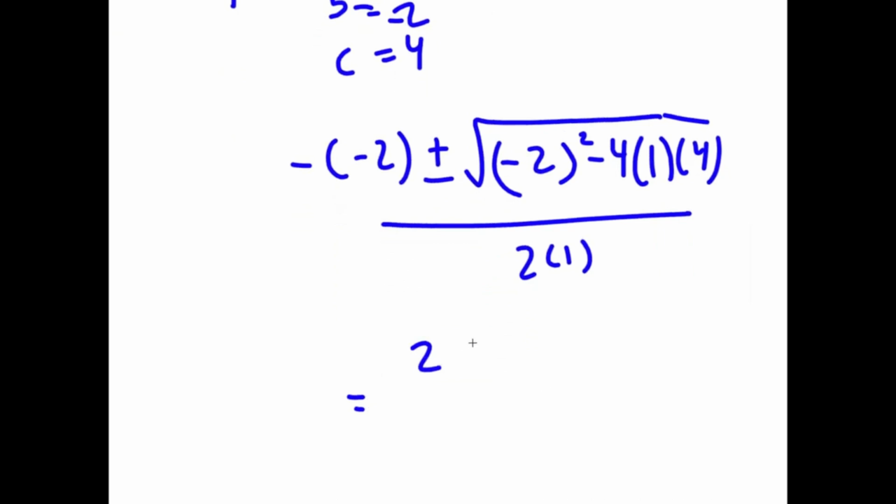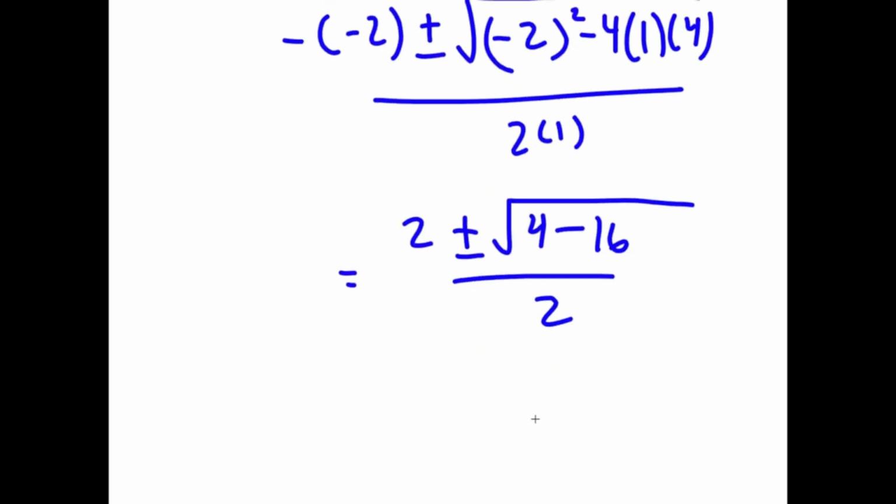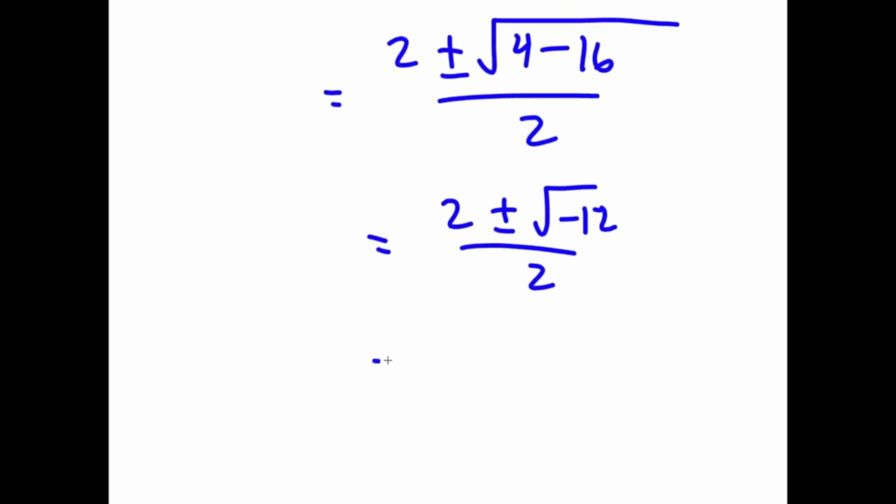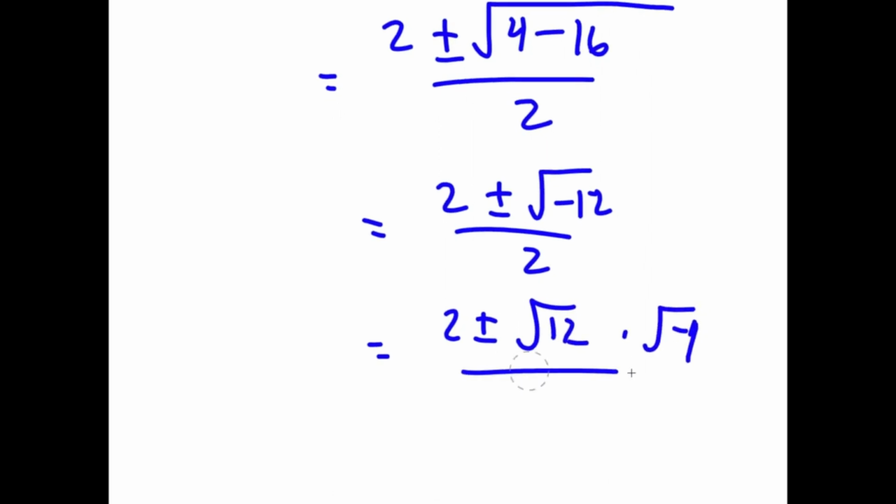Now this is equal to 2 plus or minus the square root of 4 minus 16 all over 2, which is equal to 2 plus or minus the square root of negative 12 over 2. And the square root of negative 12, that's equal to the square root of 12 times the square root of negative 1.